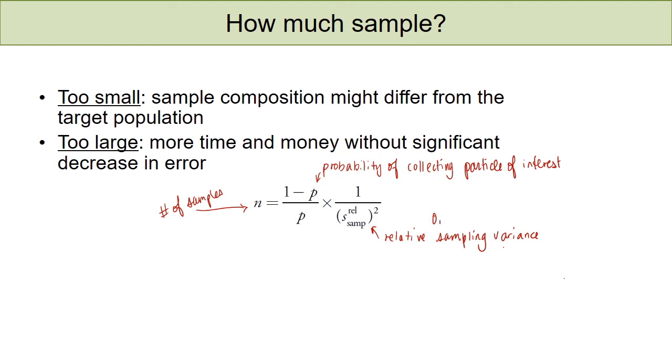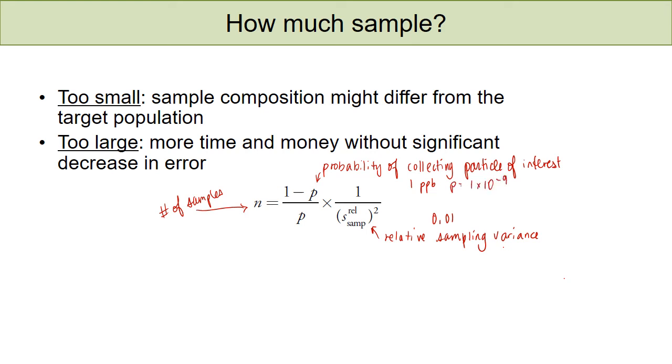This is going to be 0.01 because we have to put things in fractions. And let's just say that the thing that you're interested in is present at 1 part per billion. And 1 part per billion is going to lead to a P of 1 times 10 to the minus 9.